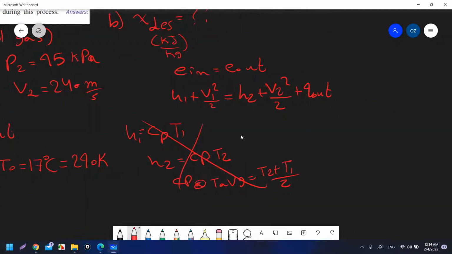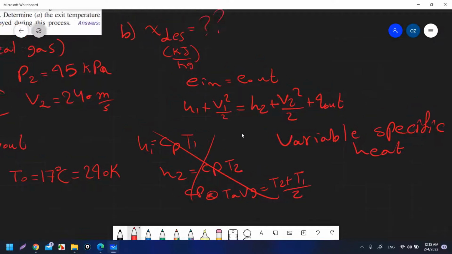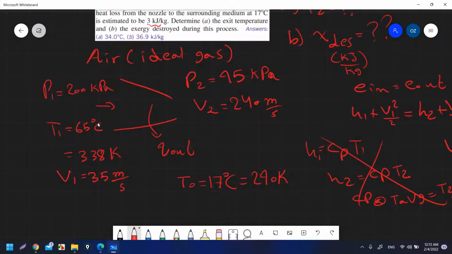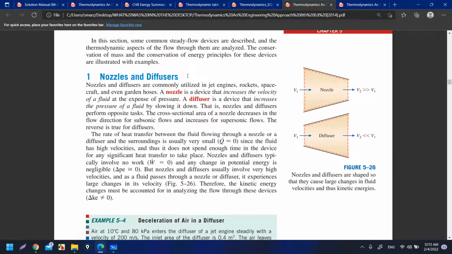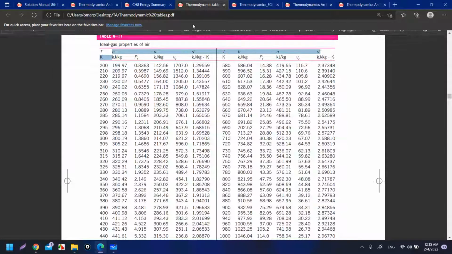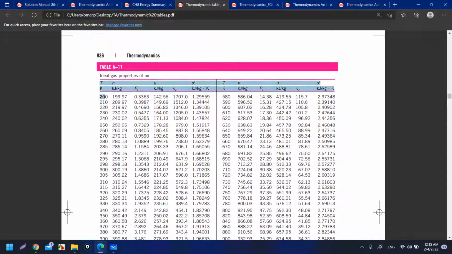I have to use the variable specific heat assumption. Okay. For the variable specific heat assumption, I have T1. Okay. I can use table A17 with T1 to get H. Table A17, you need only one property, so you can get other properties.